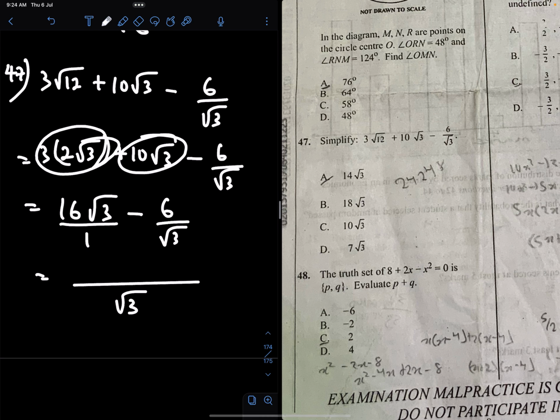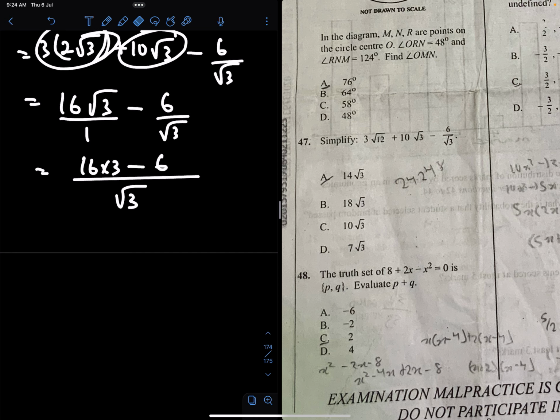Now, 1 in root 3 is root 3 times 16 root 3. 16 root 3 times root 3 is going to be 16 root 9, which is 16 times 3, minus root 3 divided by root 3 is 1 times 6 is 6. That's equal to 16 times 3 is 48. 48 minus 6 is 42 over root 3.